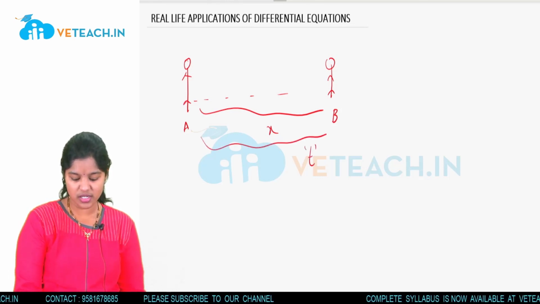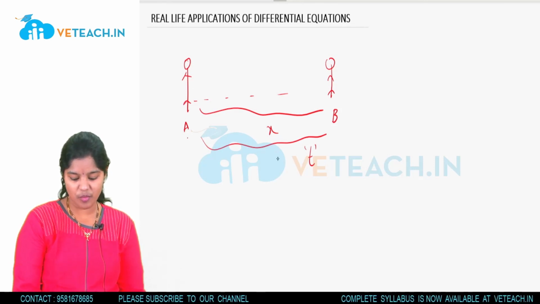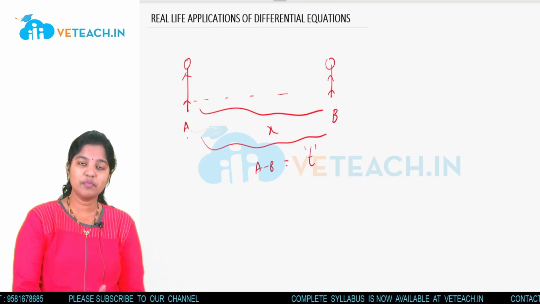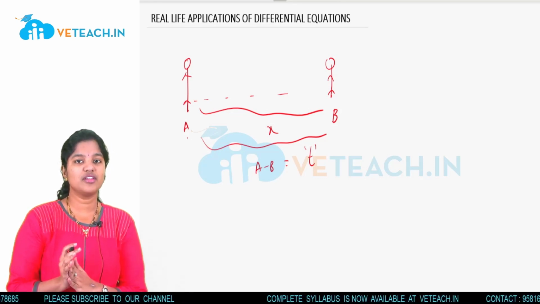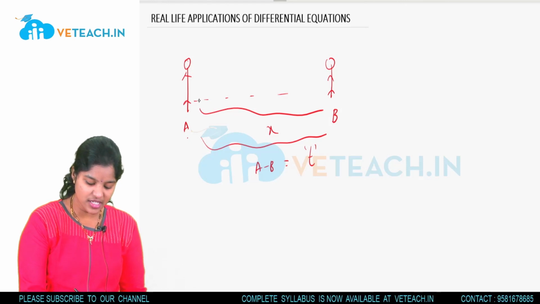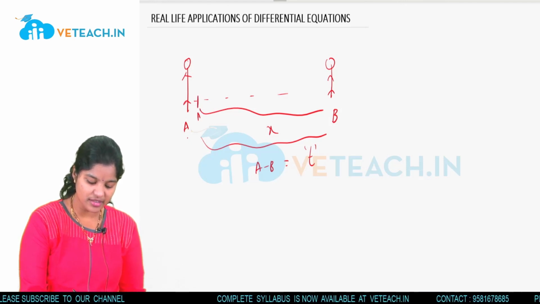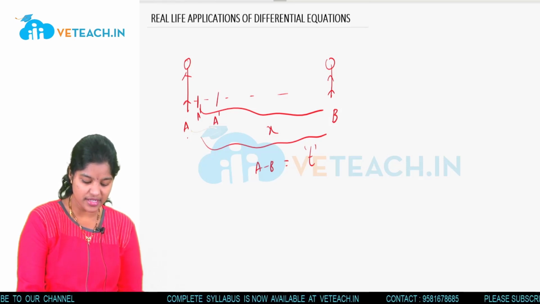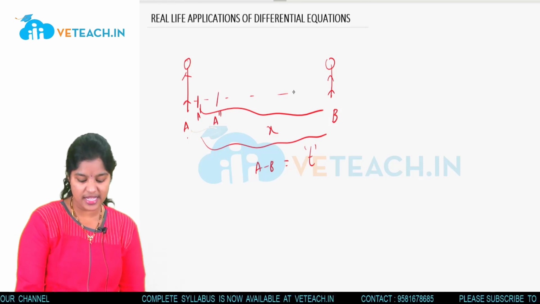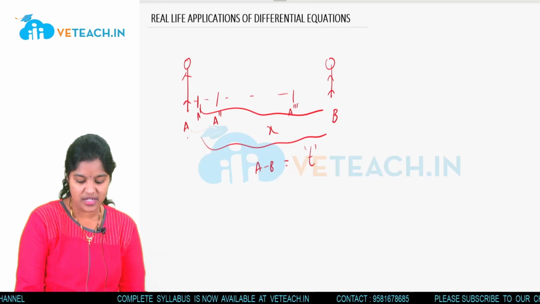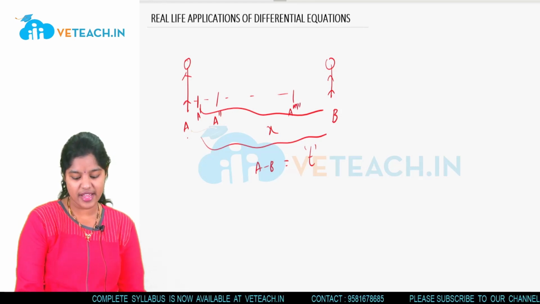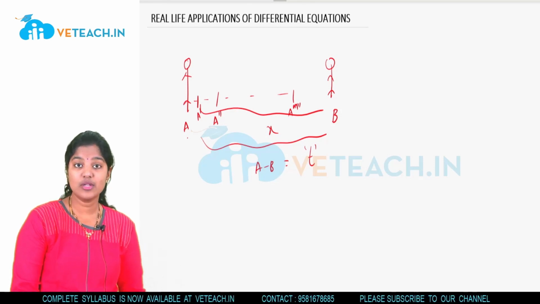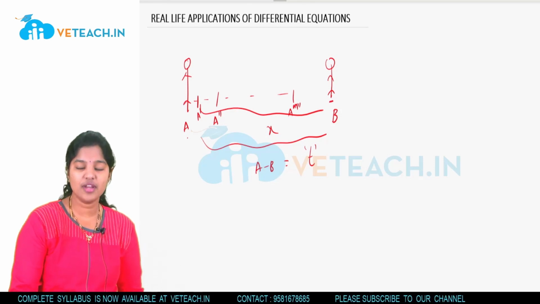Suppose the total time taken to travel from point A to point B is equal to small t, and the person's position is not the same with respect to t, because at t equal to 1 second he may be here, at A dash. At t equals 2 seconds he may be at A double dash, and at t equal to 10 seconds he may be at A power n dash. You can represent it with any alphabet. And at t equals the final t value he will be at position B.